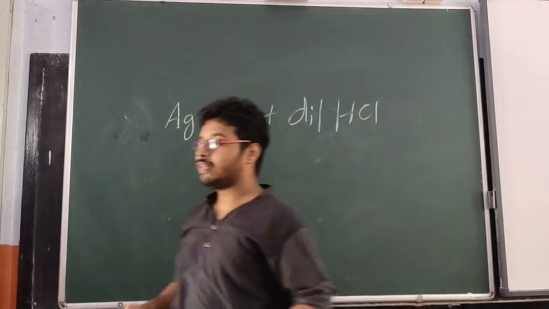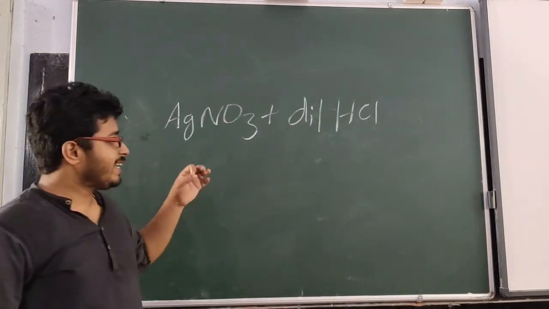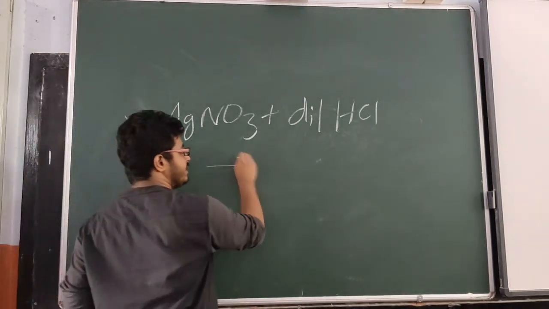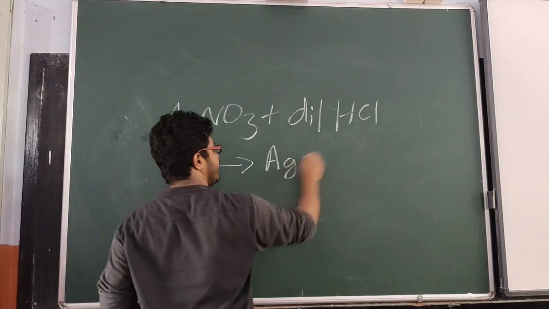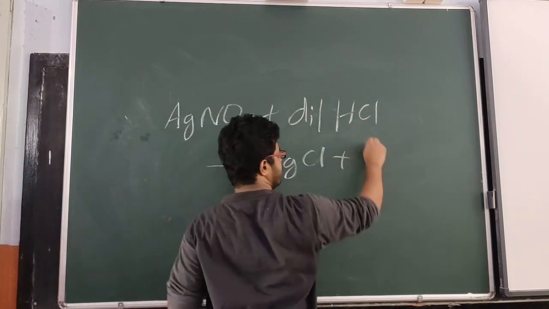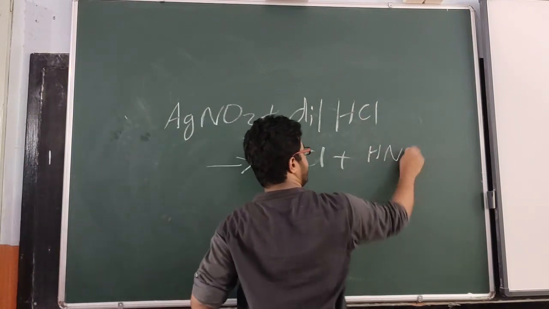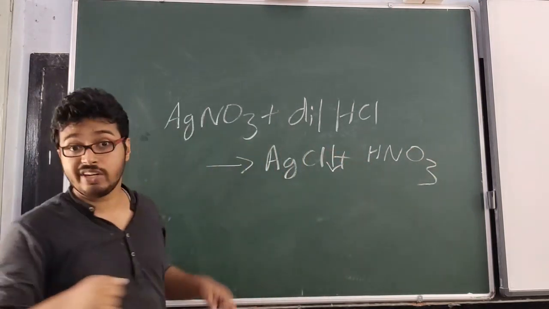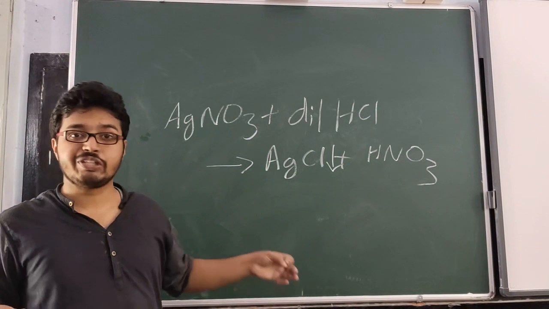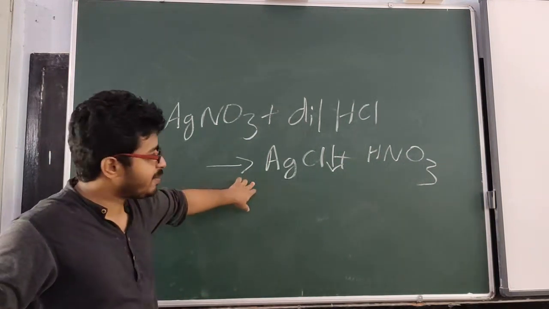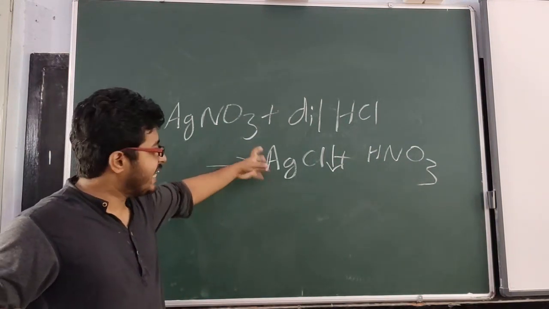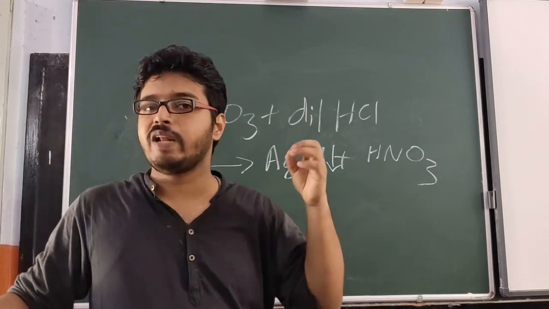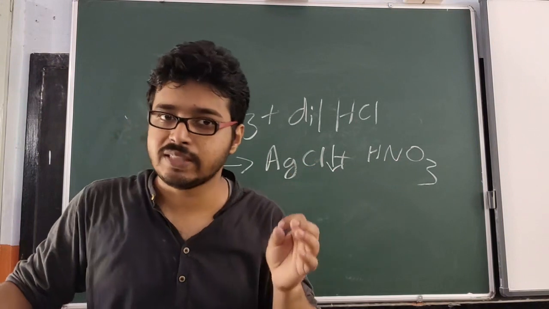If we add dilute HCl to AgNO3 solution, the products are AgCl plus HNO3. As you remember from the previous reaction, it was a precipitation reaction. So since it is a precipitation reaction, AgCl precipitate will be formed. What type of precipitate will AgCl form?